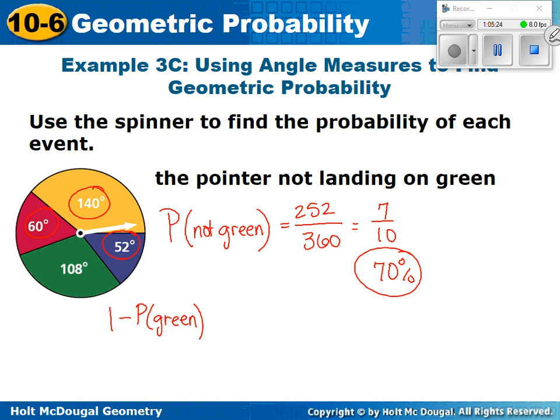So if we did it Caleb's way, we would have 1 minus, the probability that it is green is 108 out of 360. What's 108 out of 360? 30%, so that's 0.3 here, which would give us 0.7 or 70%. Questions either way you look at that?